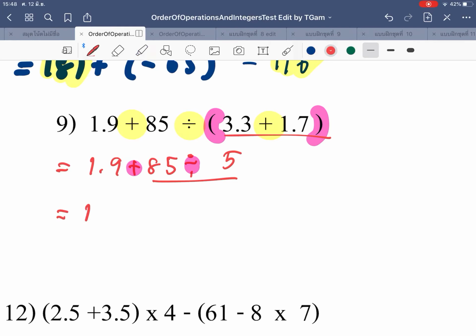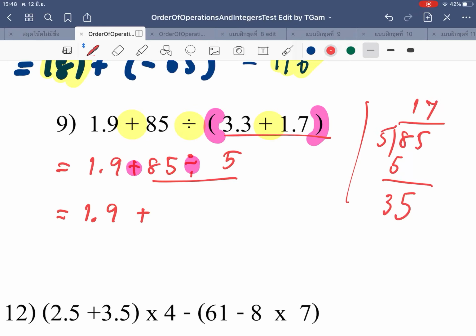So 85 divided by 5 is 17, right? Then 1.9 add 17 is 18.9.